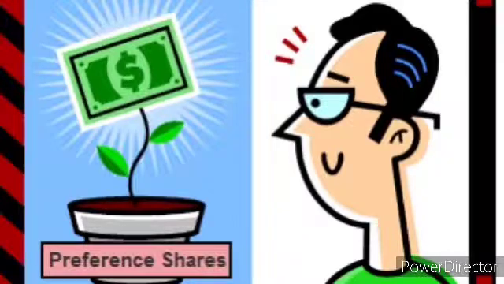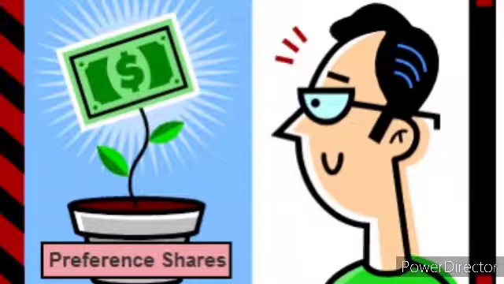Let's study some of the features of preference shares. Number one, a fixed rate of dividend is paid on preference shares, as I have told you earlier. Second, the dividend is paid before the equity shareholders. Third, the preference share capital is returned in priority to the equity share capital.